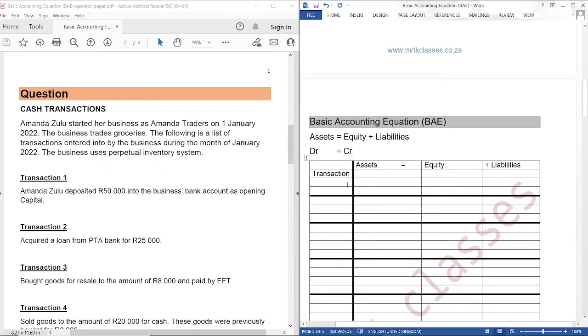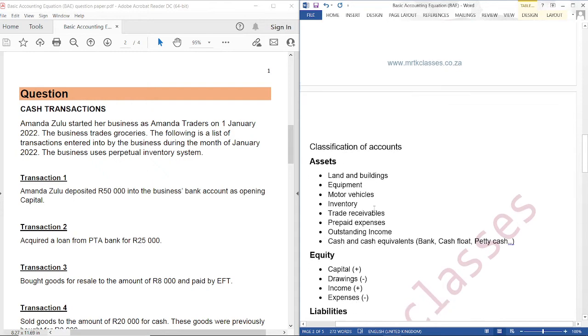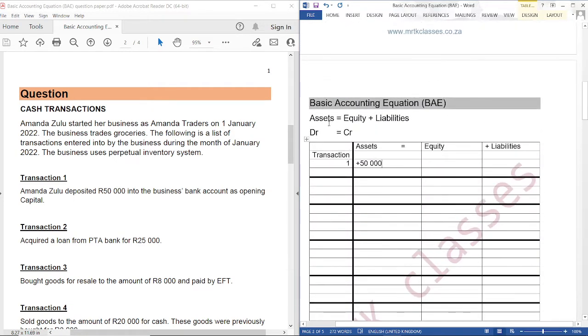So this was deposited into the business bank account, right? Okay, so the bank account increased by 50,000. And remember, the bank account is under assets, and assets have a debit balance, which means that they increase on the debit side and decrease on the credit side.